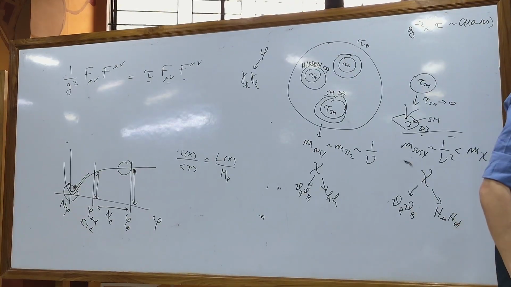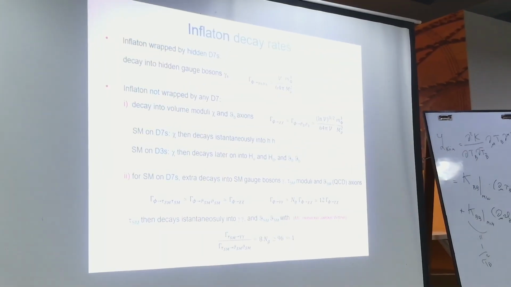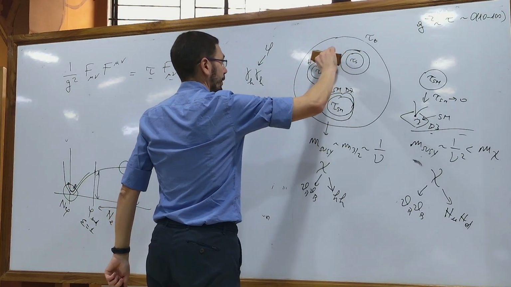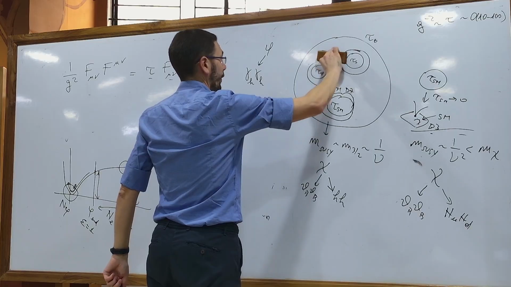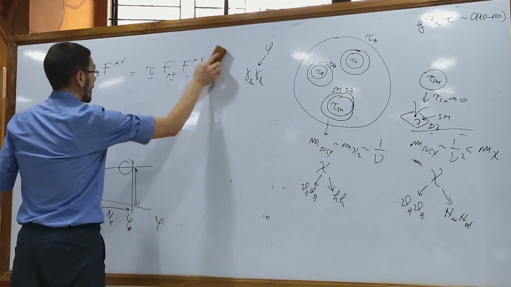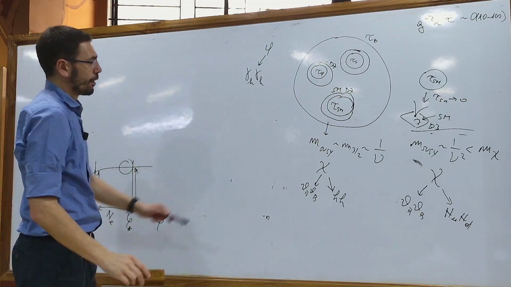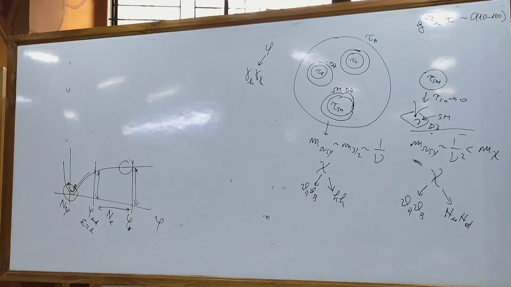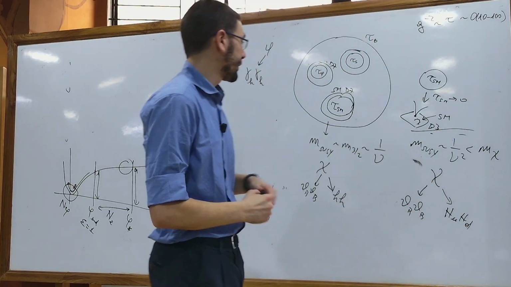However, the second possibility is that this is not wrapped by any hidden D7. In this second situation, tau phi would decay into the volume modulus because it's lighter.